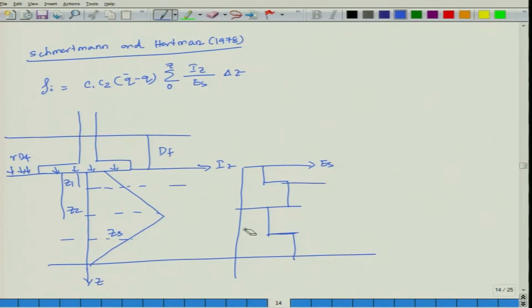So, this value is your variation of modulus of elasticity Es over depth Z.